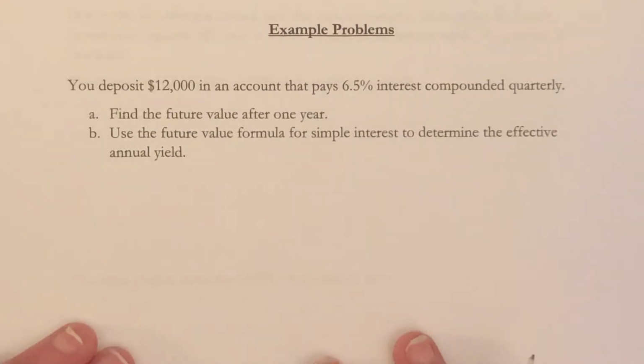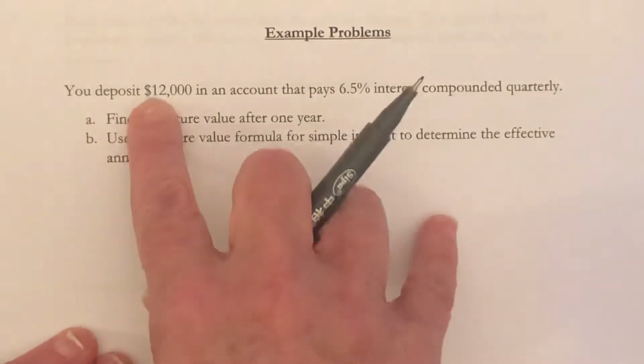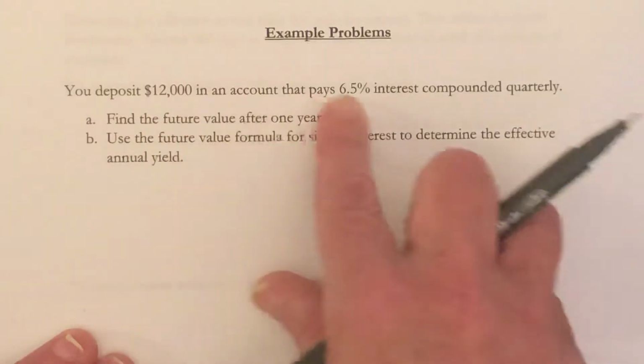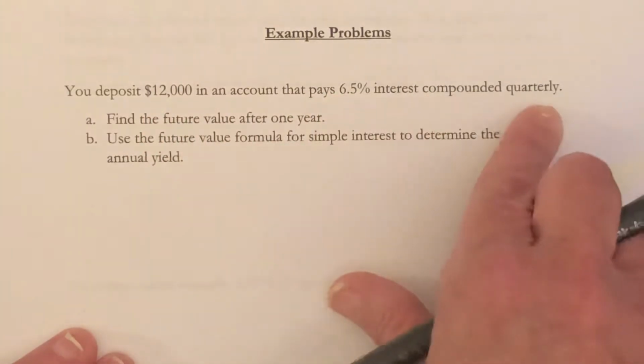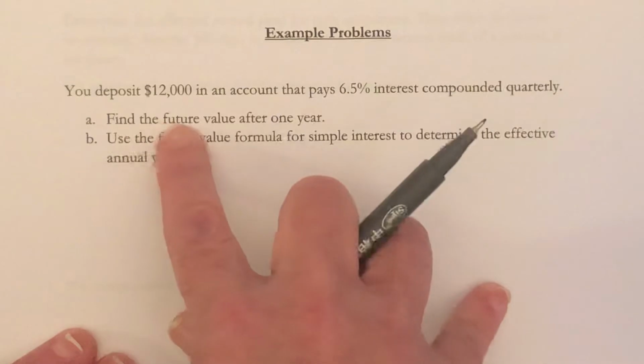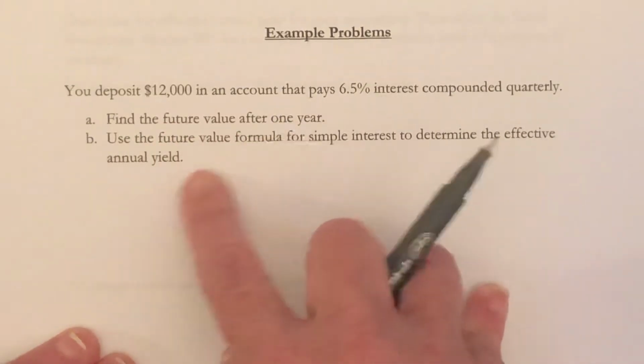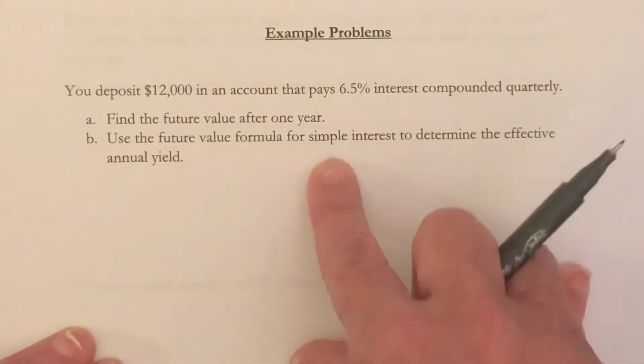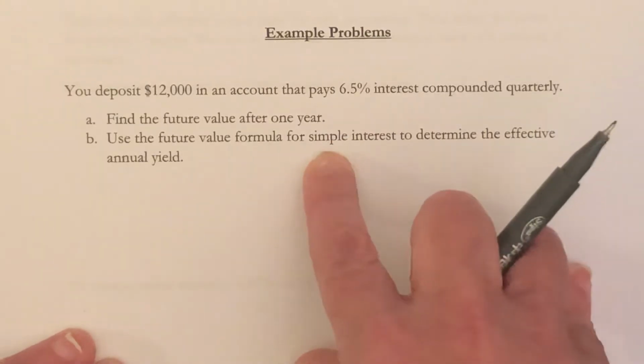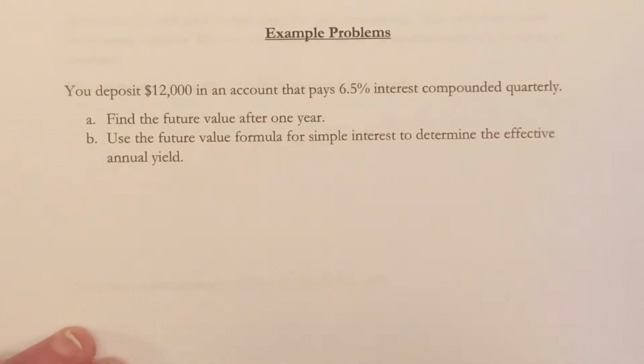So let's look at a problem. You deposit $12,000 in an account that pays 6.5% interest compounded quarterly. We want to find the future value after 1 year, and then we're going to use that to figure out the simple interest rate. I'm going to do it directly, and then I'm also going to use the formula we have so that you can see that they are the same.